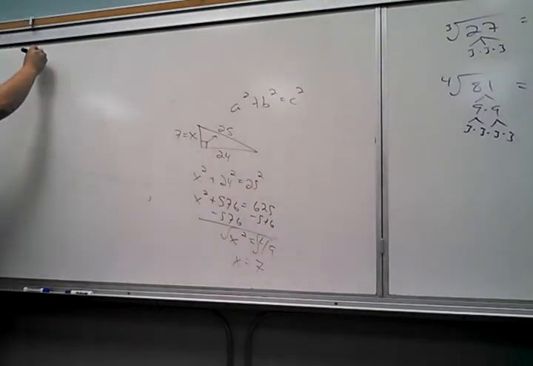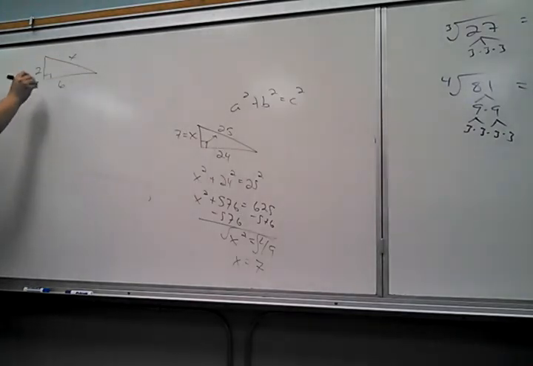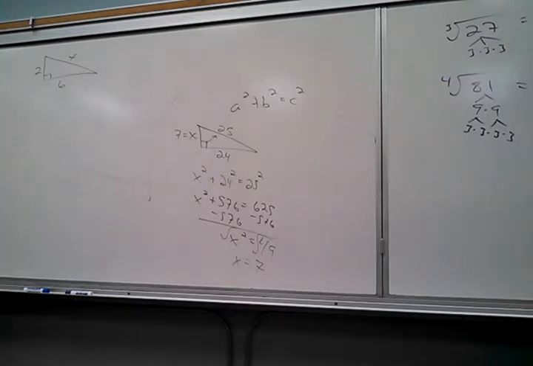So what if I gave you this one? Find how long the hypotenuse is. What's X? C. Good. X is C. Now do it. Almost, John.